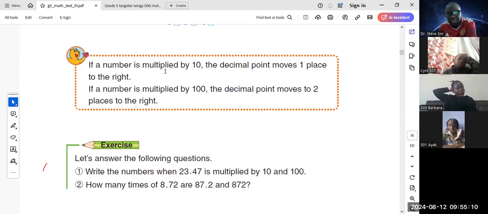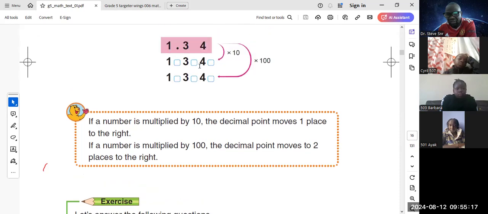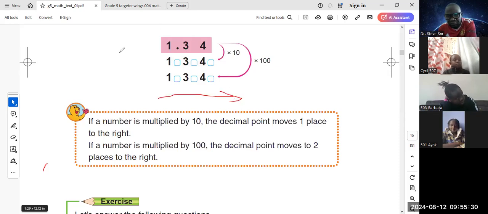If a number is multiplied by 10, the decimal point moves 1 place to the right. This is the right direction. This one is the left direction.